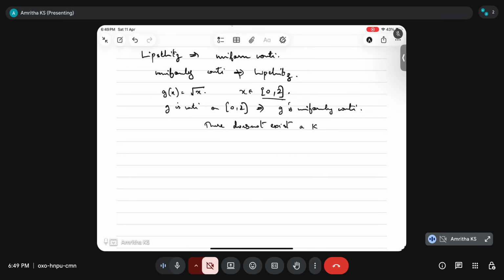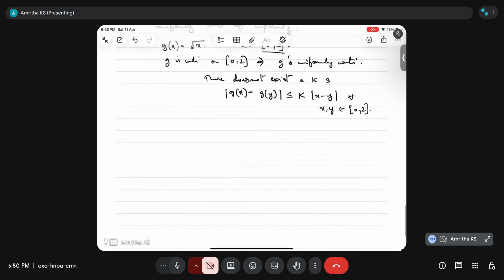That is, there does not exist a k such that mod g of x minus g of y is less than or equal to k times mod x minus y, for all x, y in this interval. For example, let's take y equal to 0.